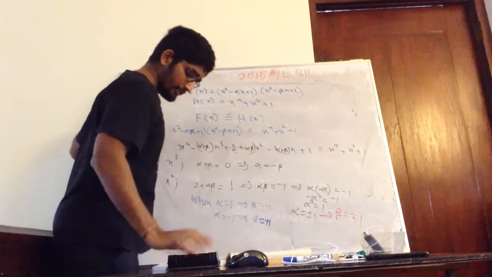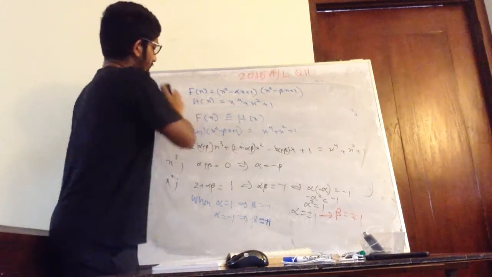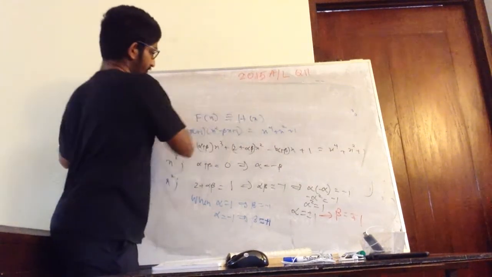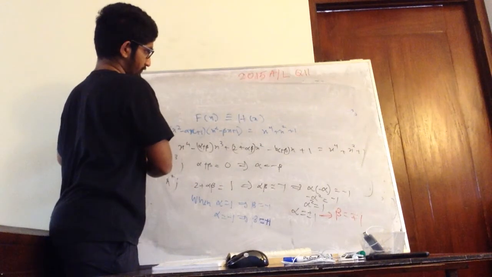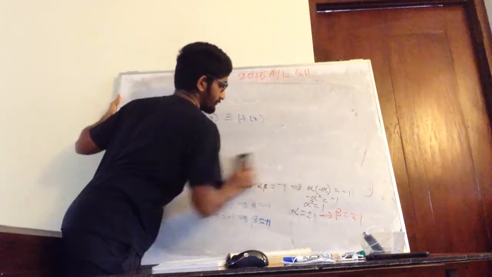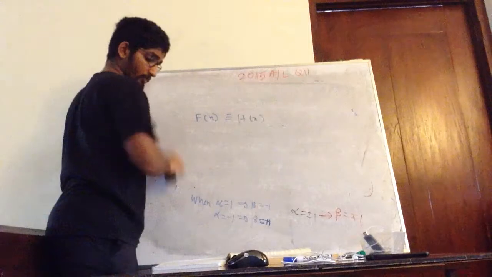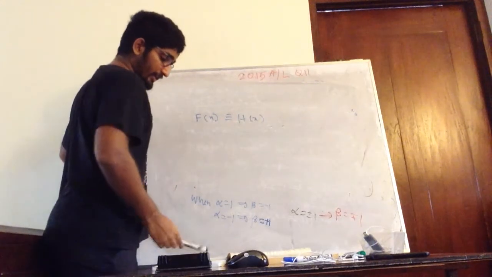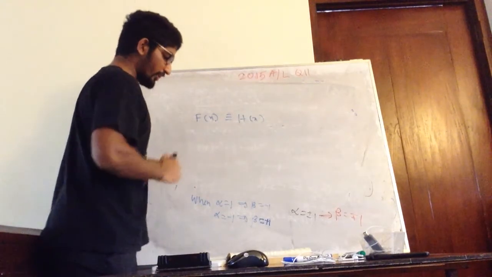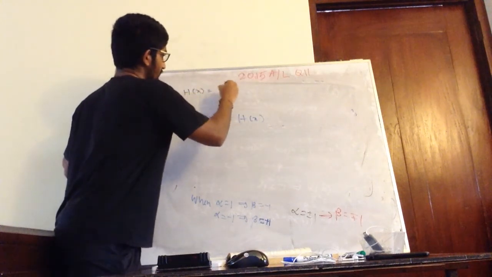Then we need to find the roots of h(x). Okay, since h(x) is equal to f(x), so x can be written as this.